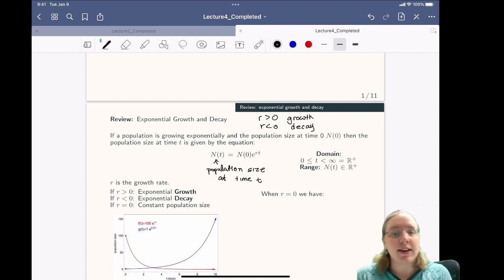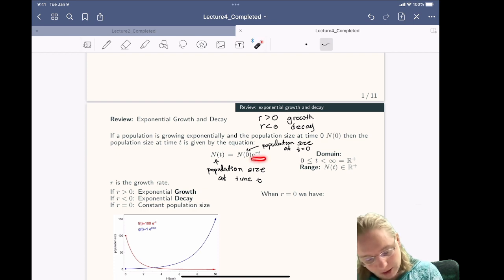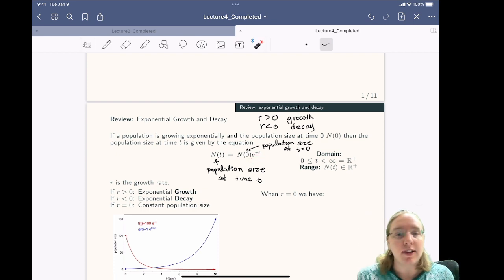So our independent variable is time, and our dependent variable is population size. And we have this N0 here, which is the population size at time 0. And then we have our exponential growth term here, which is e to the rt.